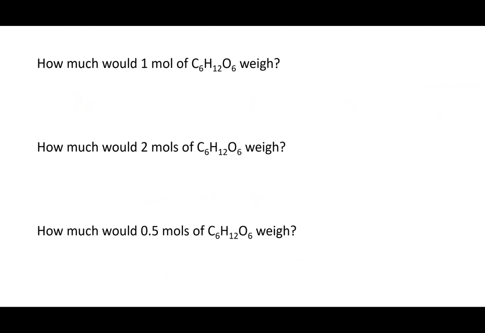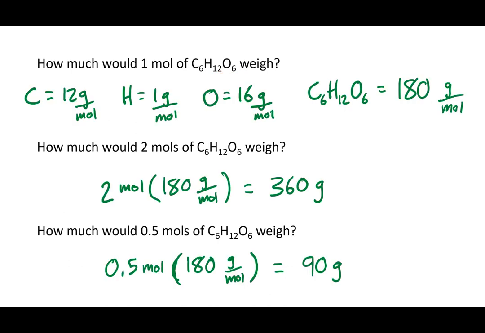Let's do another one. How much would 1 mole of glucose weigh? C6H12O6. I'll give you a chance to do this one. Pause the video and then play it when you're ready, and we'll talk about the answers. So what we have here is carbon being 12 grams, hydrogen is 1, oxygen is 16, and then you simply multiply these by how many there are.